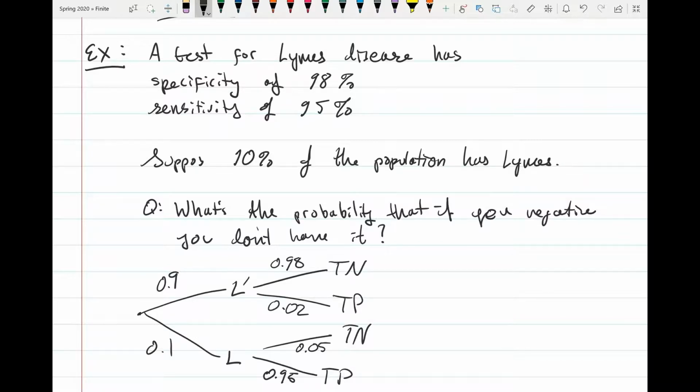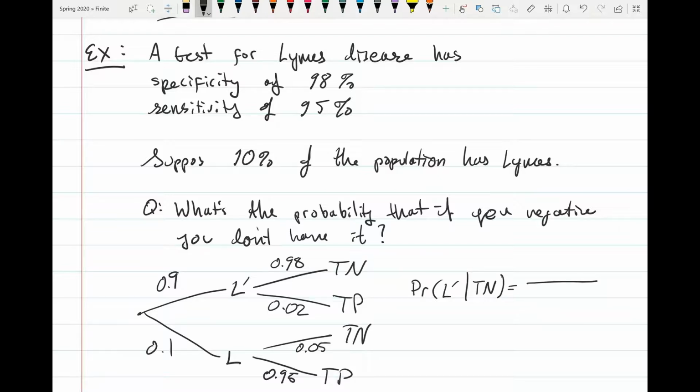So then the probability that a person who tests negative doesn't have it, so this is the probability of being a true negative, so being an L complement, given that you test negative. Alright, so this is just another conditional probability calculation.